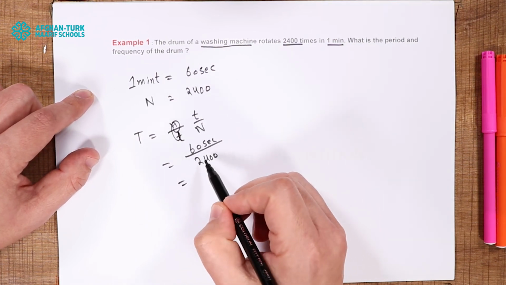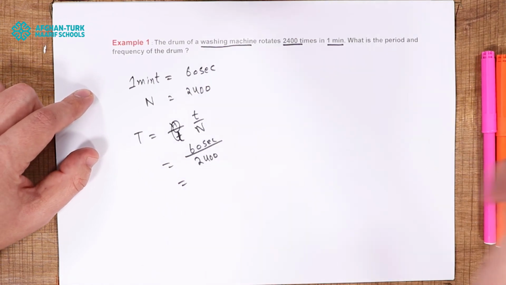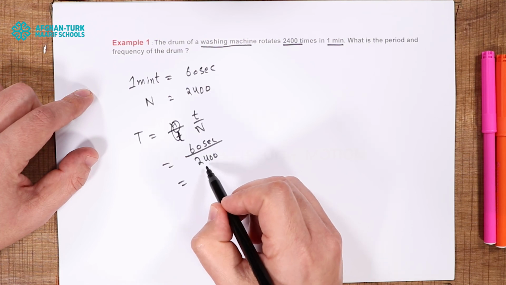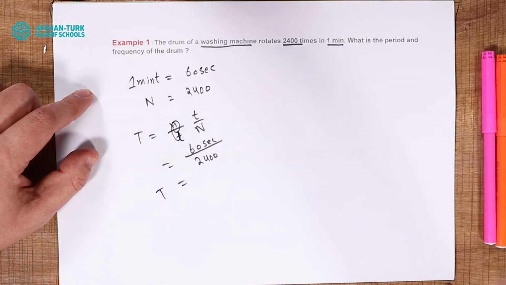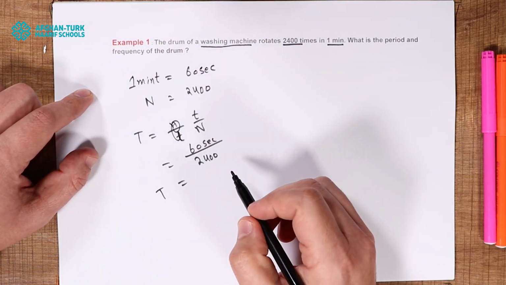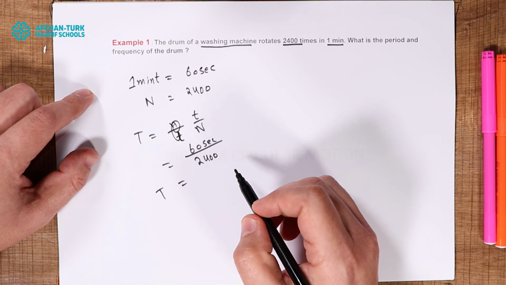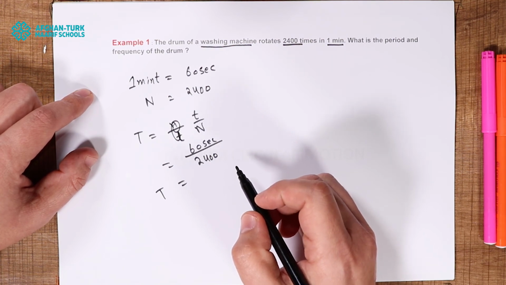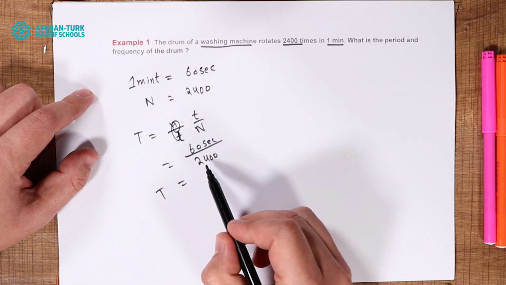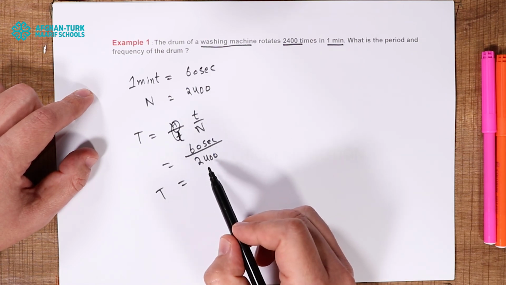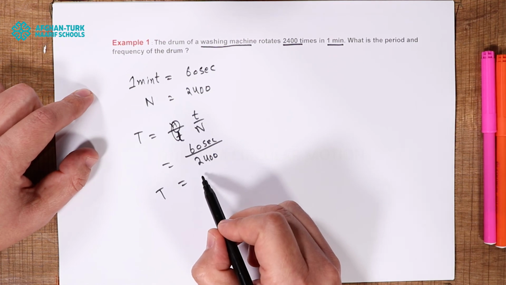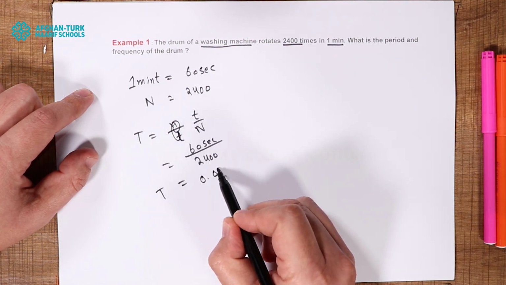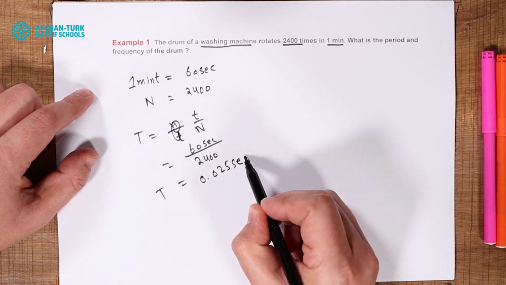So 60 divided by 2400, and the answer is 0.025 second.